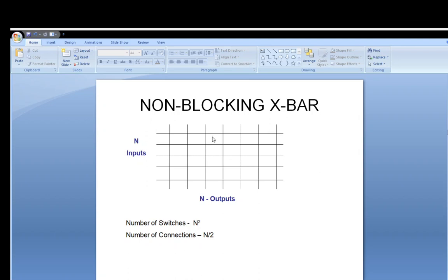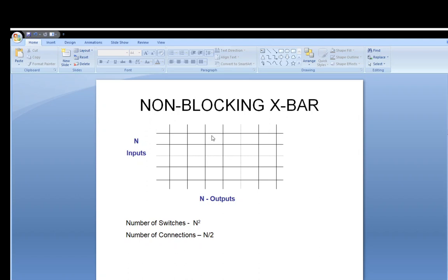As well, diagonal connections are not useful, because these are connections between a subscriber and itself. If these types of switches are removed, then the number of switches in the crossbar will be reduced without affecting the call setup between the subscribers.